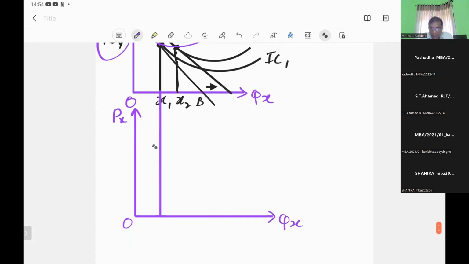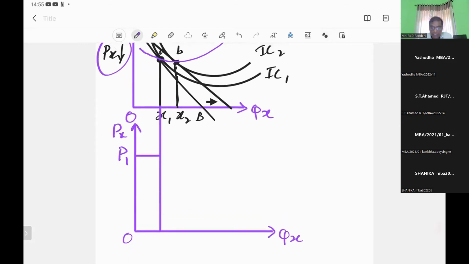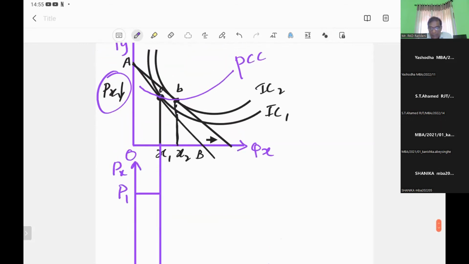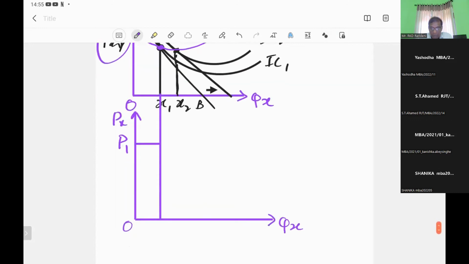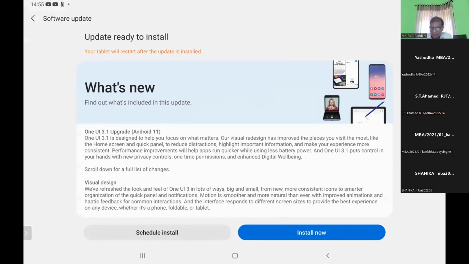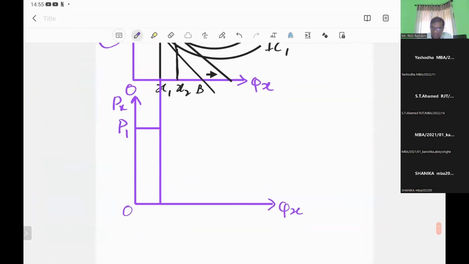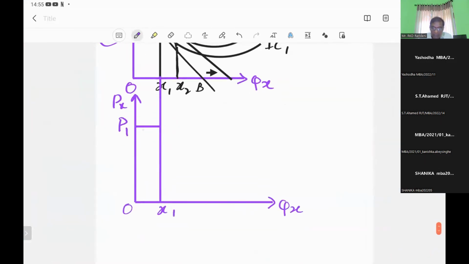Now assume that price P1. Before the price change, this is the consumer equilibrium point. The consumer is consuming OX1. The relationship between P1 and OX1, this is the point. We will call that A dash.